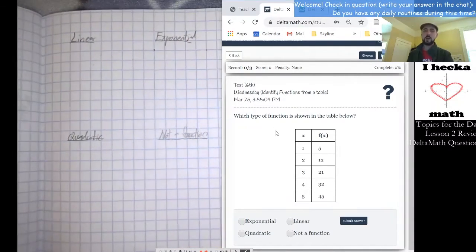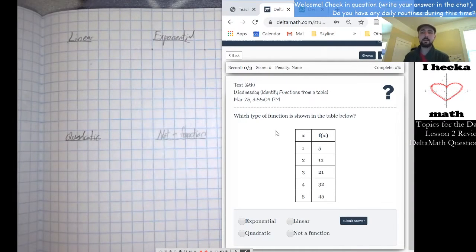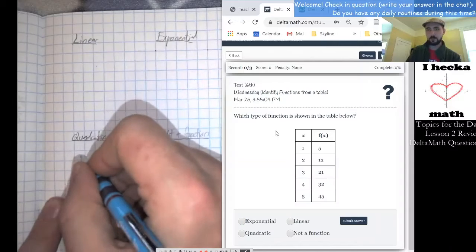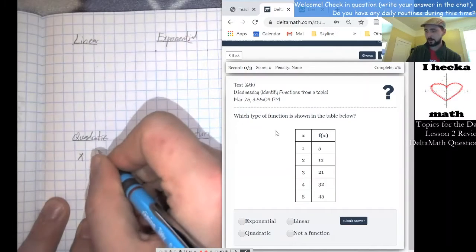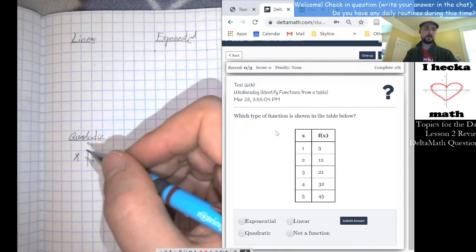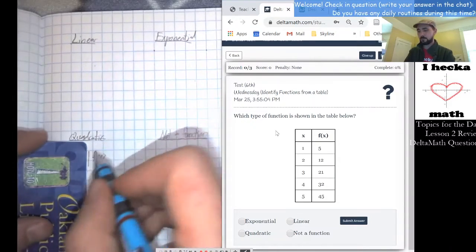All right. Okay, so we've got this first table, and honestly, looking at this, you wouldn't necessarily know what it is. I'm fairly certain this is going to be quadratic, but let me see if I can convince you. So let me copy down the table first. X, f of x. Let me use my Oakland Public Library card to draw a straight line.